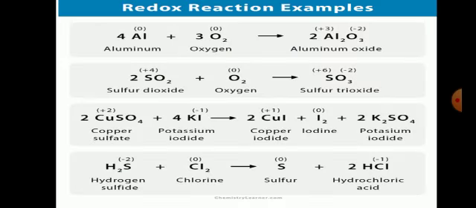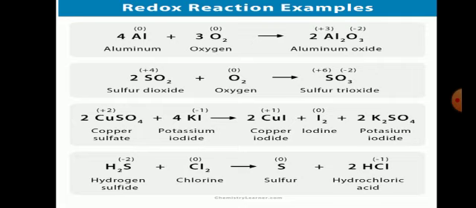Okay, so let's see some examples for redox reactions, right? These are some examples for your redox reaction. You can just have a look at these examples. The first is aluminium combining with oxygen. As I said, for a neutral compound or element, the charge is going to be 0.